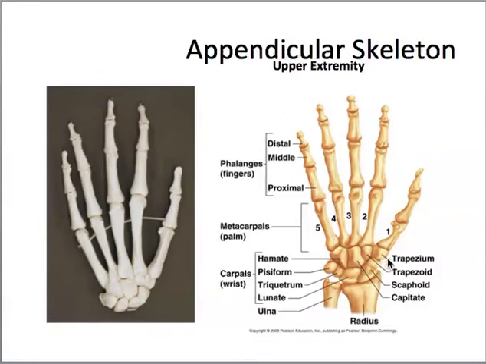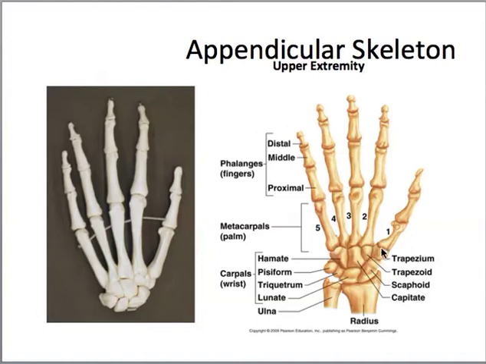If we start from the thumb, a good way to remember is that the bone right under the thumb in the wrist is the trapezium, for the thumb. Under the index finger is the trapezoid, then we have the capitate right under the middle finger, and the hamate underneath the ring finger and the little finger.